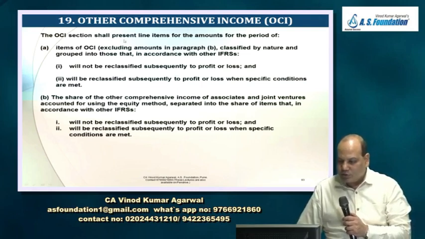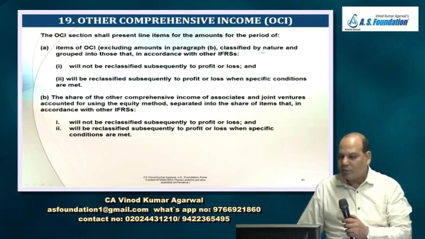The OCI section shall present line items for the amounts for the period of items of OCI, excluding amounts in paragraph B. Paragraph B is this one, we'll come to this. Classified by nature and grouped into those that, in accordance with other IFRS, will not be reclassified subsequently to profit or loss, and those that will. You will basically divide the OCI into two sections. The first: those items which will not be reclassified subsequently to profit or loss.